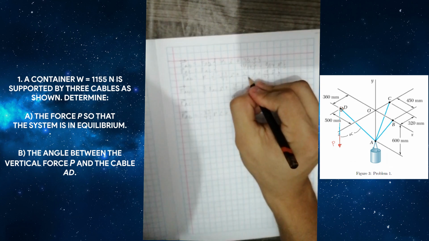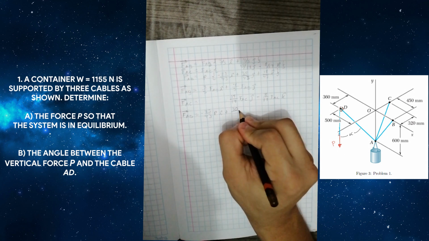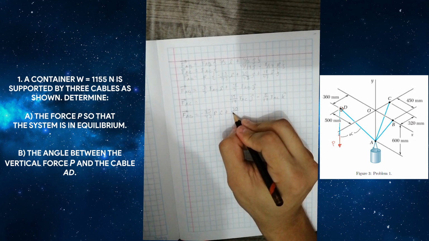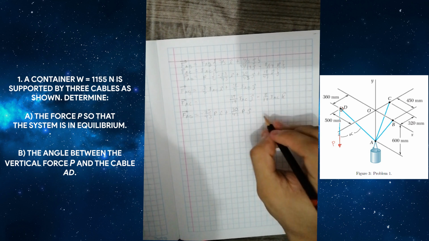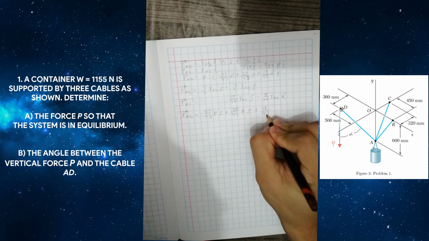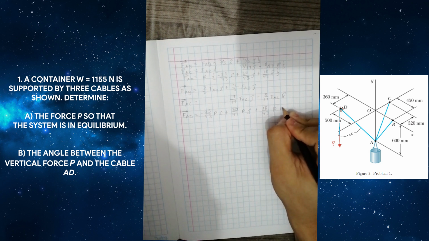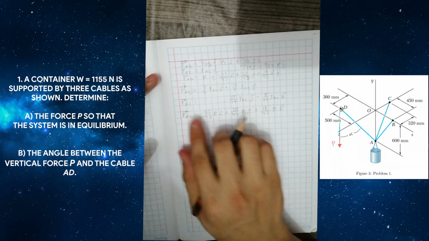Yeah, here is 43, 30 over 43 P j plus 18 over 43 P k.